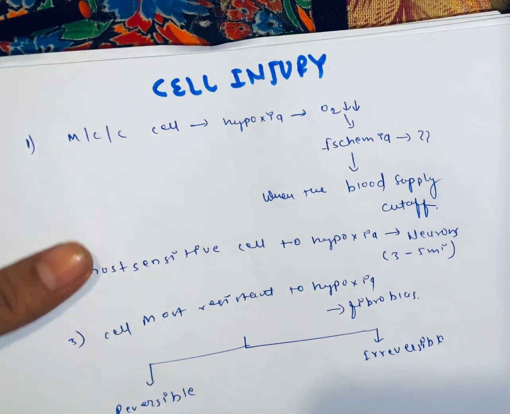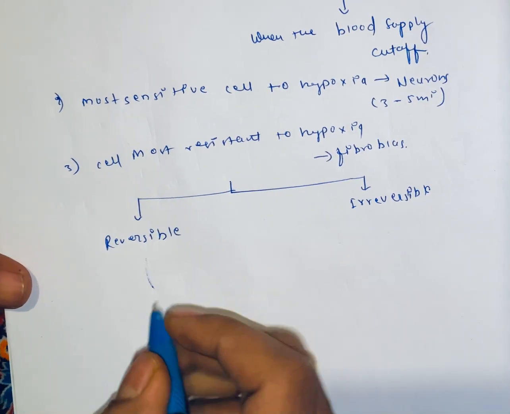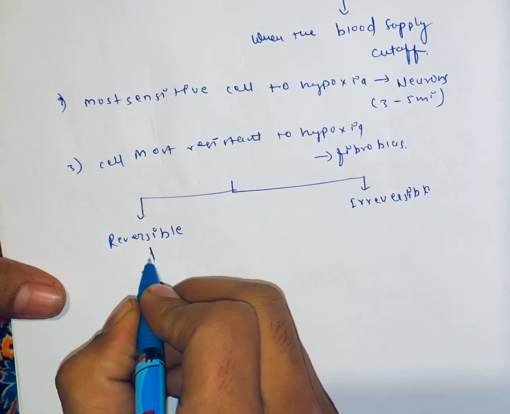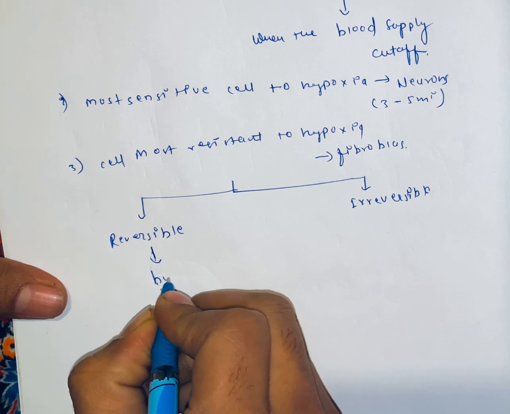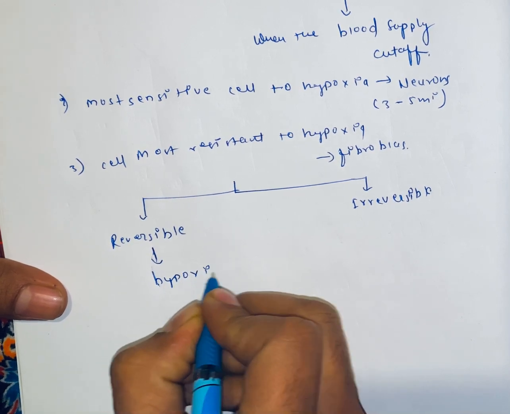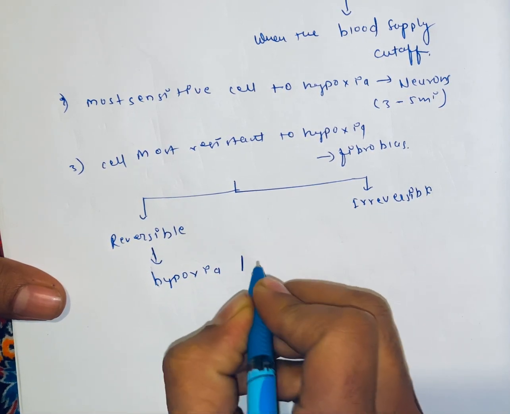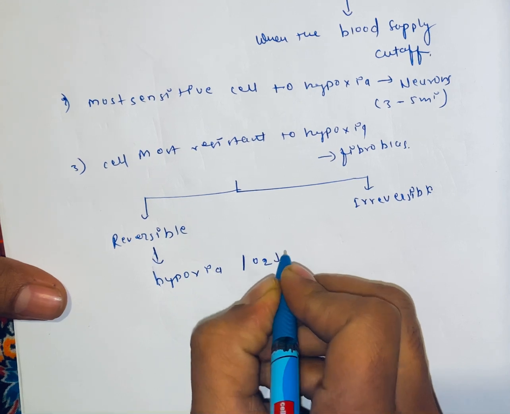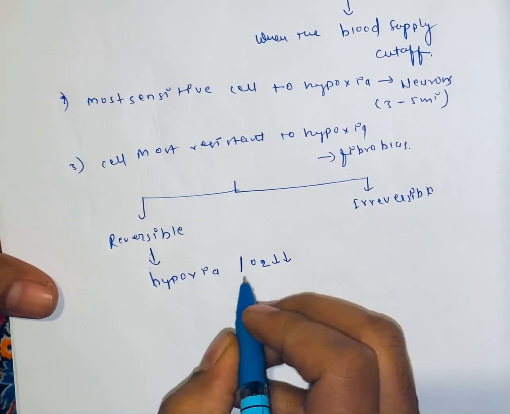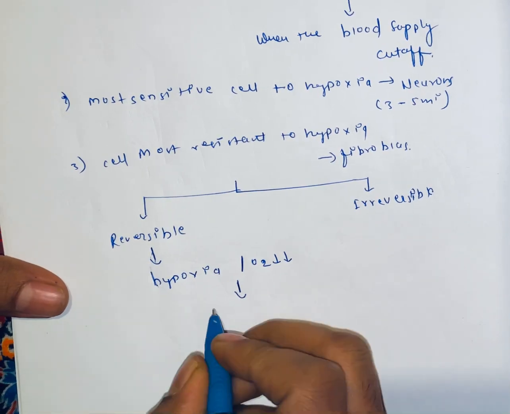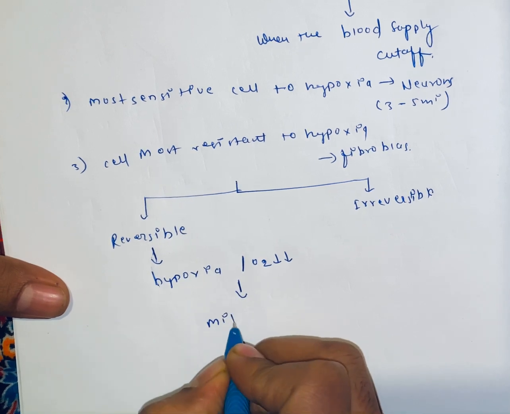In reversible type of cell injury, it happens due to hypoxia. And due to hypoxia, what happens? It causes mitochondrial dysfunction.